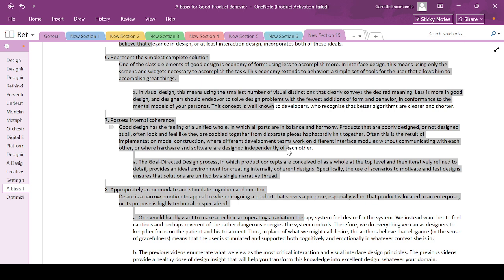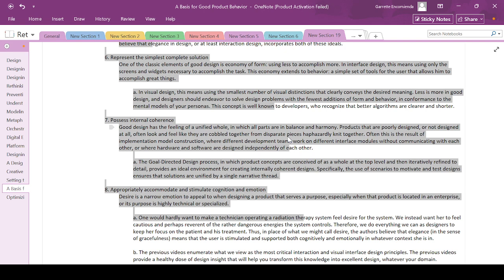One of the classic elements of good design is economy of form, using less to accomplish more. In interface design, this means using only the screens and widgets necessary to accomplish the task. This economy extends to behavior, a simple set of tools for the user that allows him to accomplish great things.